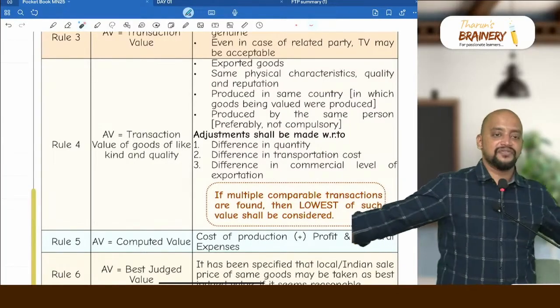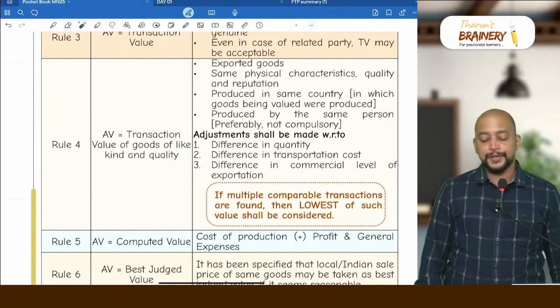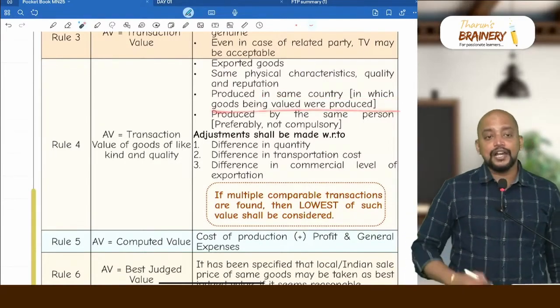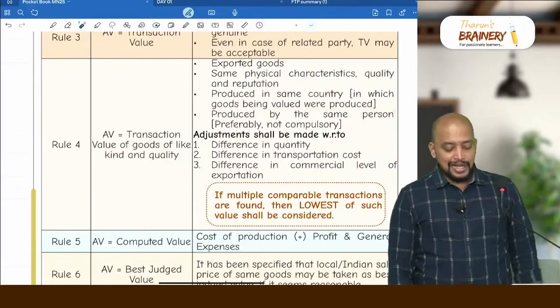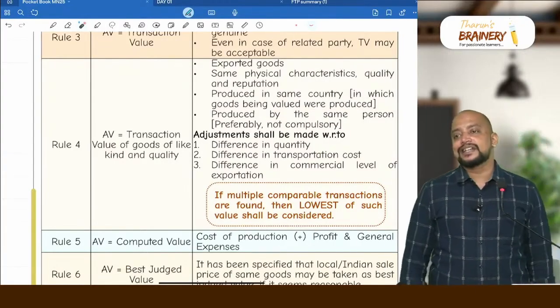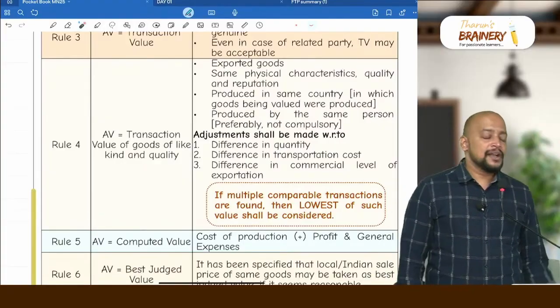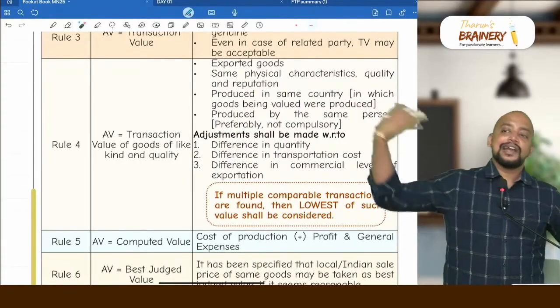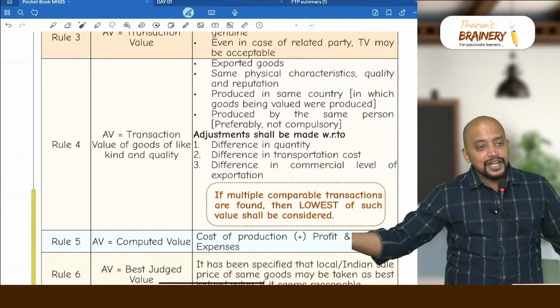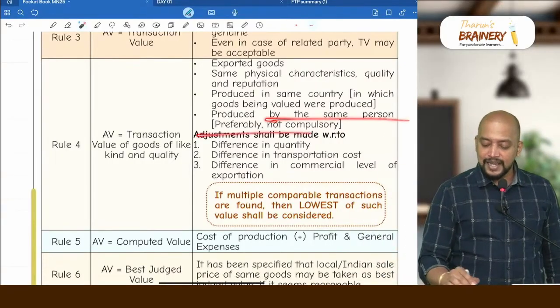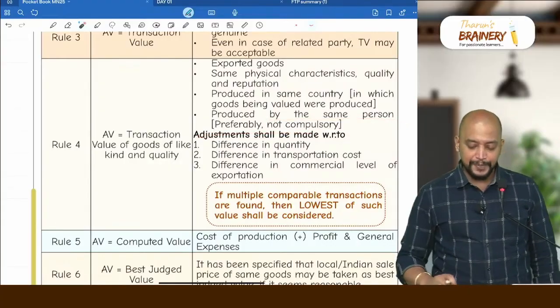Then, produced in the same country in which the goods being valued were produced, and produced by the same person, preferably, not compulsory. Which means, can we compare Mahindra to Tata? Yes, Mahindra is exporting and Tata is also exporting, so of course we can do the comparison. So that is it: produced by the same person, preferably, not compulsorily.